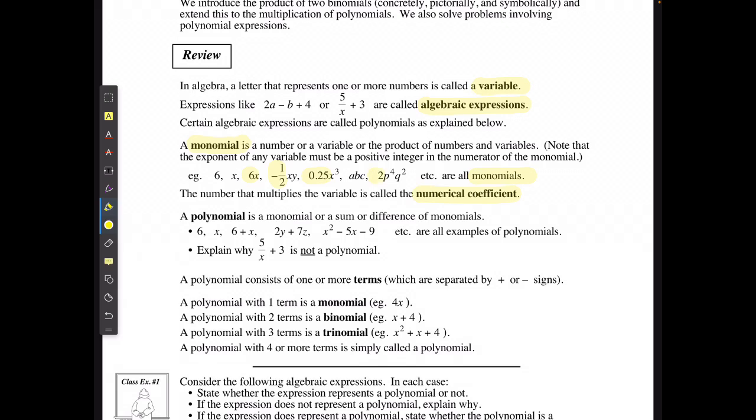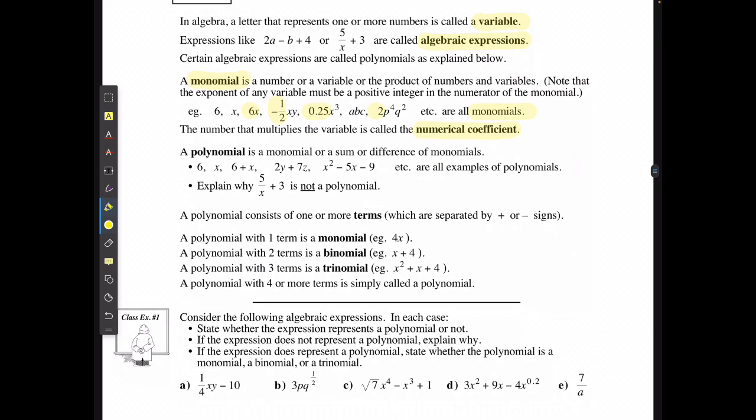A polynomial is a monomial or a sum or difference of multiple monomials. So it could just be a monomial like the first two we had, or if I add a plus or minus in between them, then suddenly there's going to be multiple terms or multiple monomials that are being combined, and this can be expressed as a polynomial.